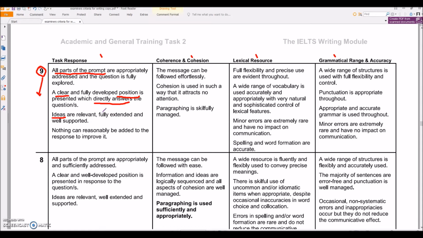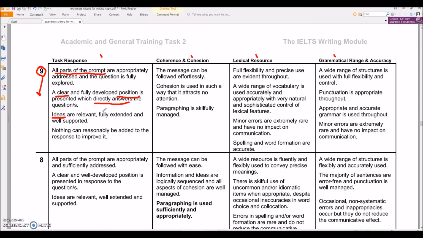Well, it's completely not true. In fact, the main thing the examiners want, and this is the same for the speaking section, is clear, effective communication. So if you don't have any clear ideas, how can you effectively communicate your ideas if you don't have any? It's not a trick, it's that simple.